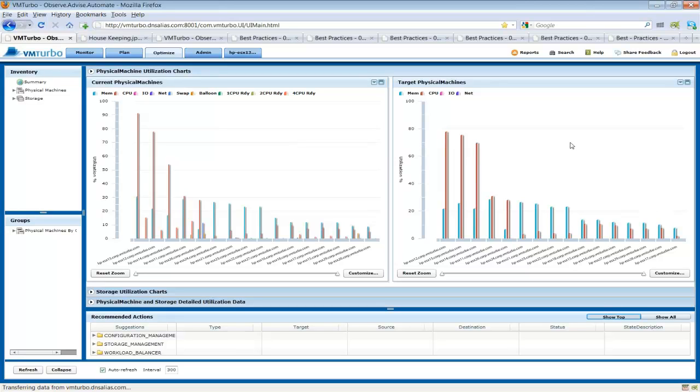What we see here on the right-hand side of the screen is the possible optimized allocation of resources based on that market. The market is turned off right now. If it was turned on, these two would be the same because there would be balance between where we are and the optimal allocation of the virtual machines.